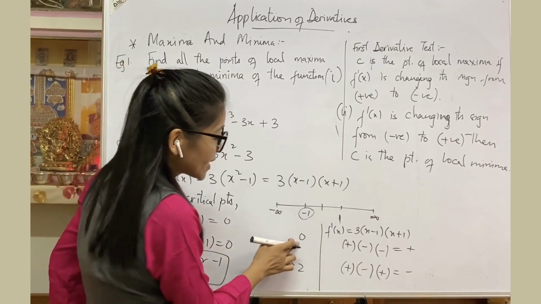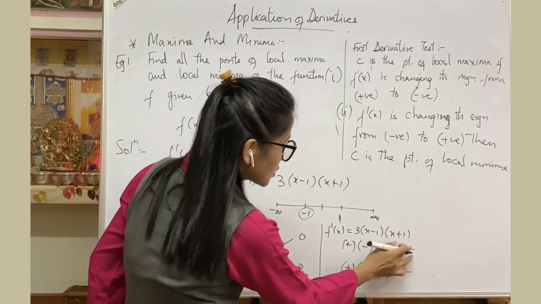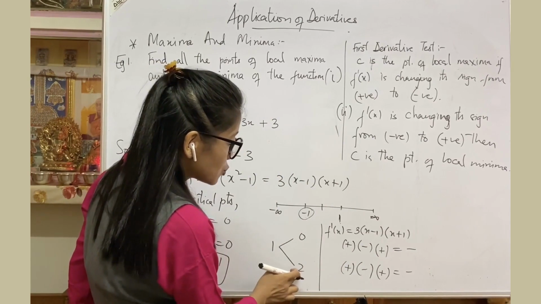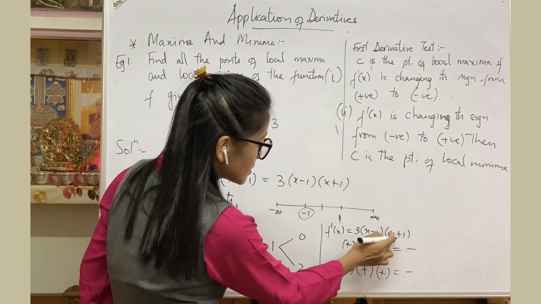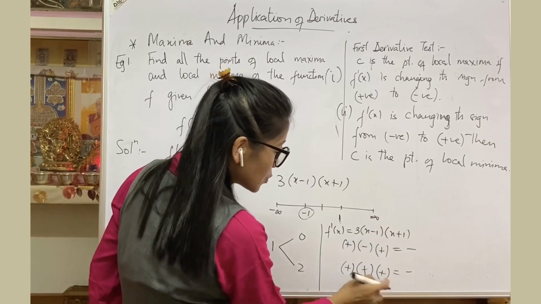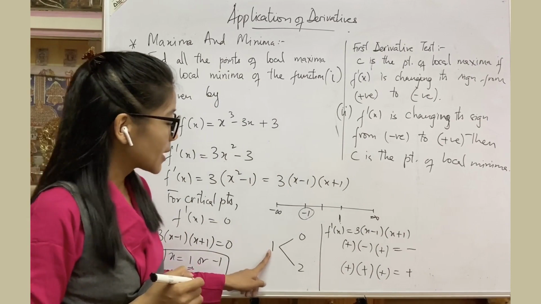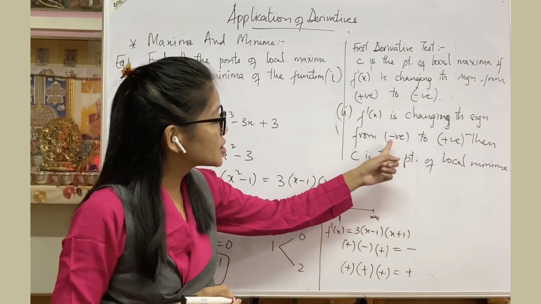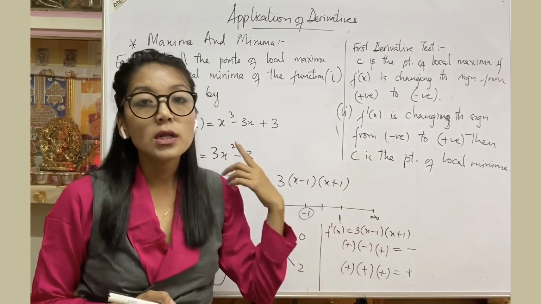At 0, 3 is positive, this is negative, and this is positive, so you get a negative term. At 2, 3 is positive, 2 minus 1 is a positive term, 2 plus 1, 3, is a positive term, so this is positive. So at 1, f dash x is changing its sign from negative to positive. If it is changing from negative to positive, then C is the point of local minima.